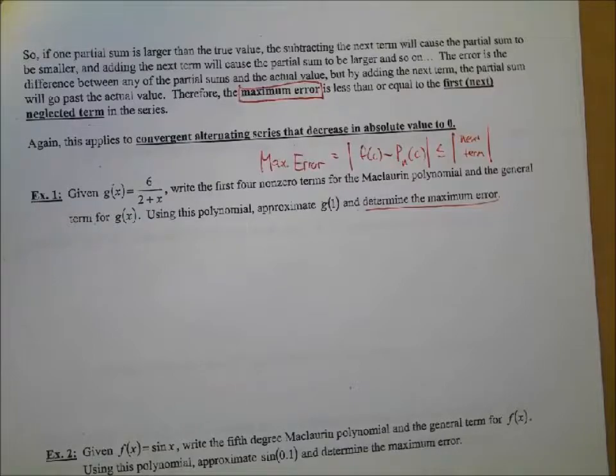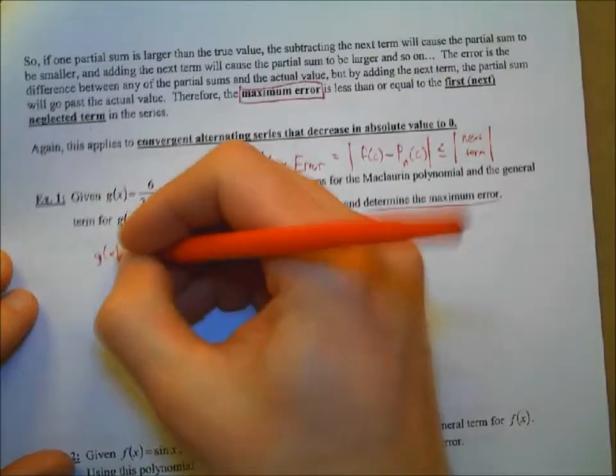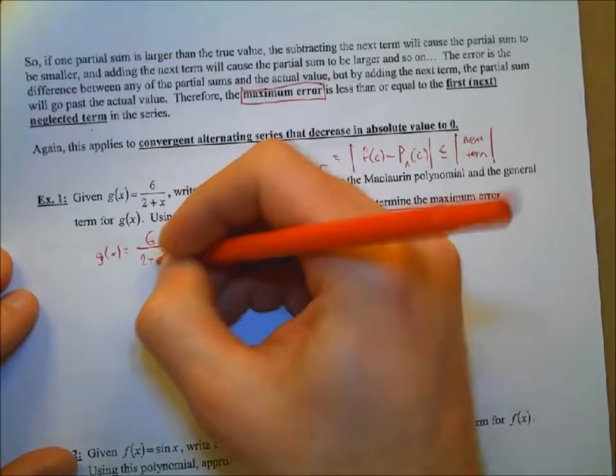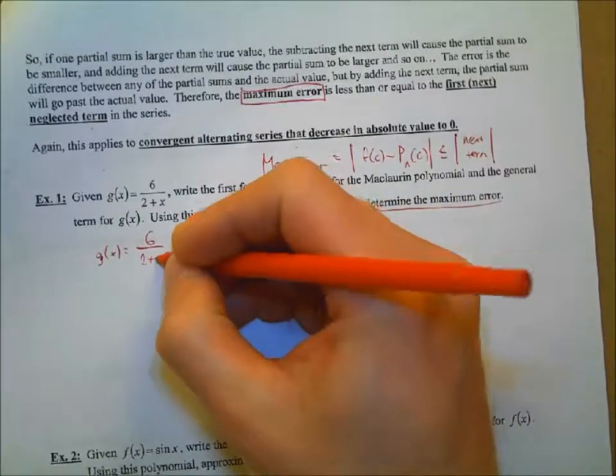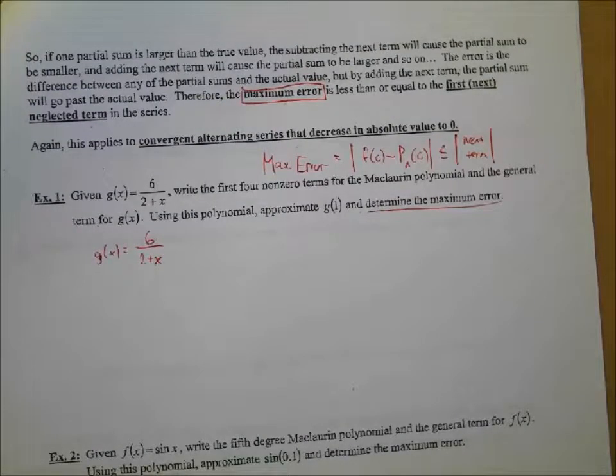So when we look at g of x, which is equal to 6 over 2 plus x, what does that look like? It looks geometric. Yes, it looks like it is geometric, and in fact, it is geometric.